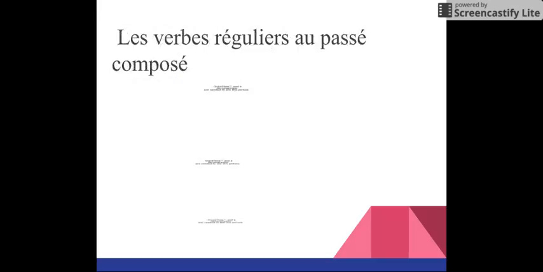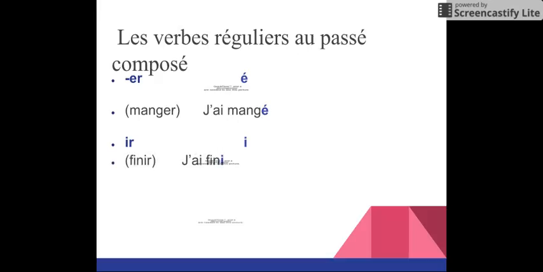So for regular verbs in the past tense, if it's an ER verb, the ending becomes e accent aigu. You have to conjugate it with avoir, like we've done here. J'ai mangé. For IR verbs, the IR becomes an I. Again, you must conjugate it with avoir and then put the I ending on the verb. So for the verb finir, it becomes j'ai fini.